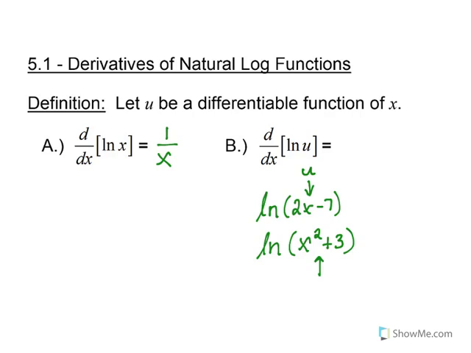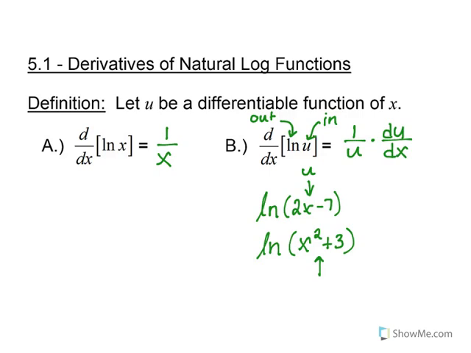We have an inside, which is the u, and we have an outside, the natural log. So this is our chain rule. We change the outside. So we do 1 over the inside piece times the derivative of the inside piece. The outside is the natural log.